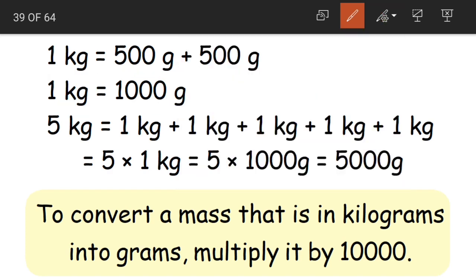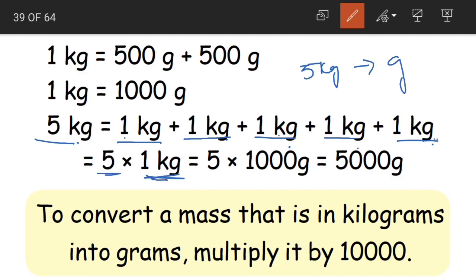Now what if we want to convert 5 kgs into grams? 5 kilograms is nothing but 1 kilogram plus 1 kilogram plus 1 kilogram plus 1 kilogram plus 1 kilogram. This is how much, children? It is 5 into 1 kilogram.